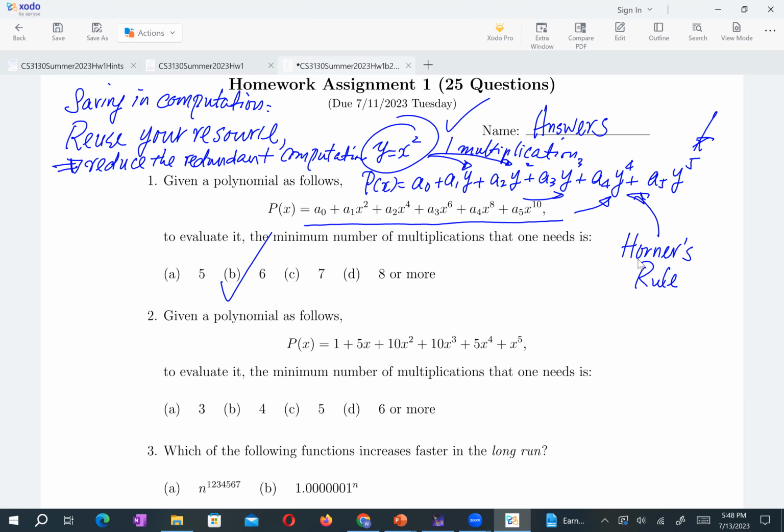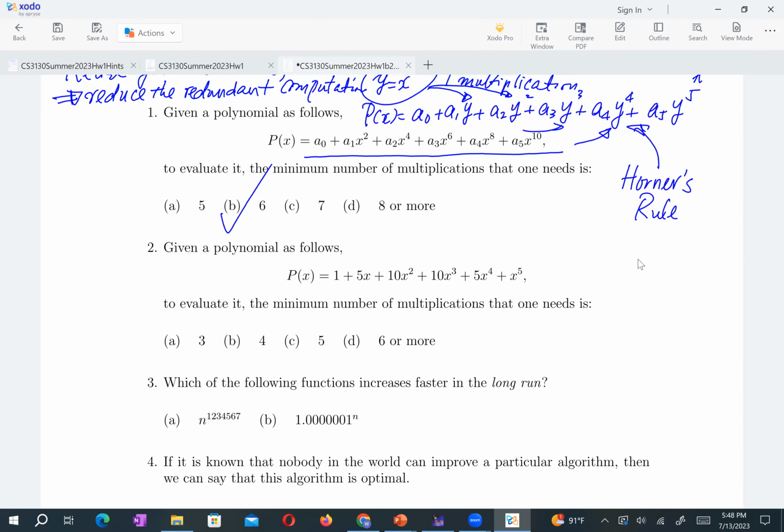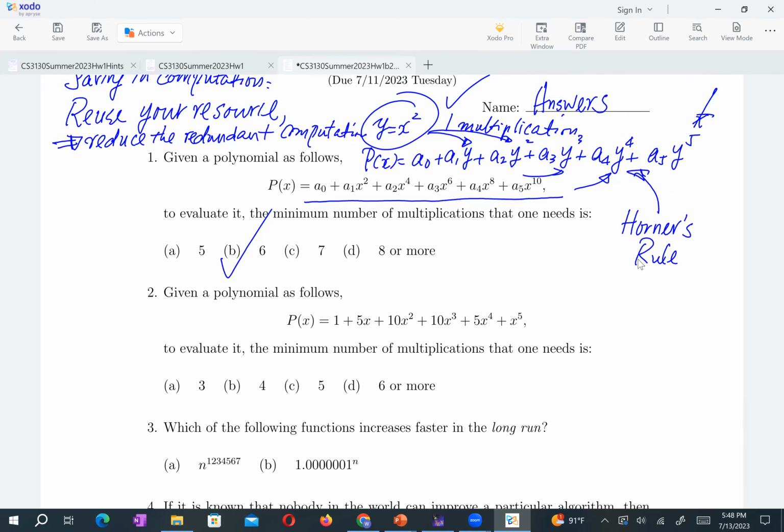You want to avoid that. And this general idea, later, we will also apply it to make our computation more efficient. Through this question, we learn that. All right.